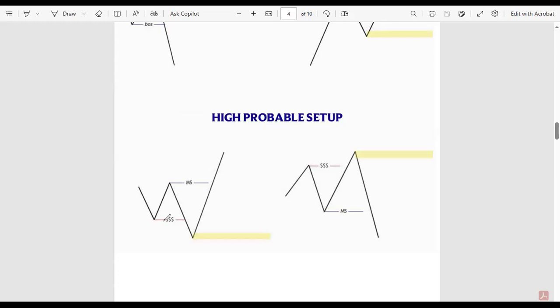So you need to actually wait for liquidity sweep. After you have had your liquidity sweep here, then you can wait for market structure shift, as you can see here. Wait for market structure shift or break of structure.